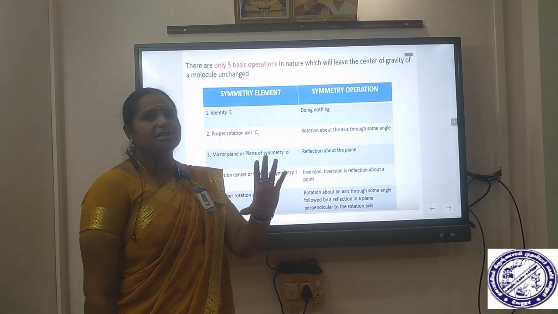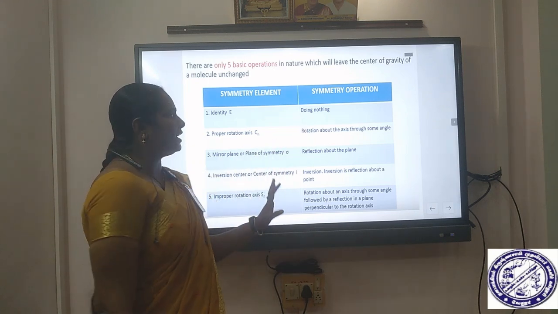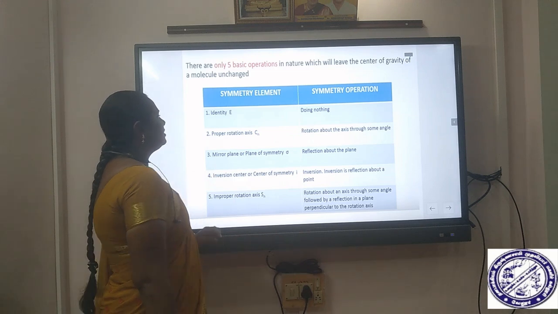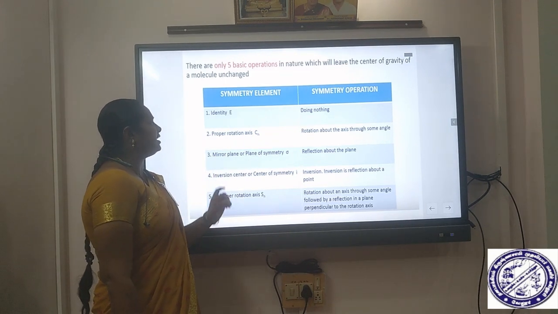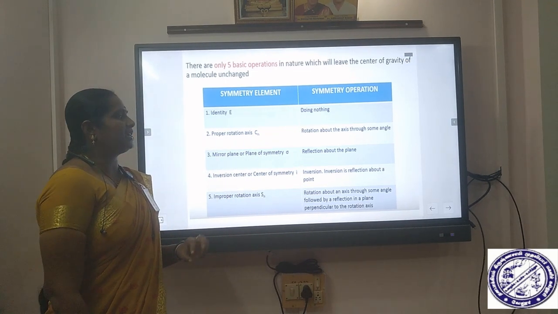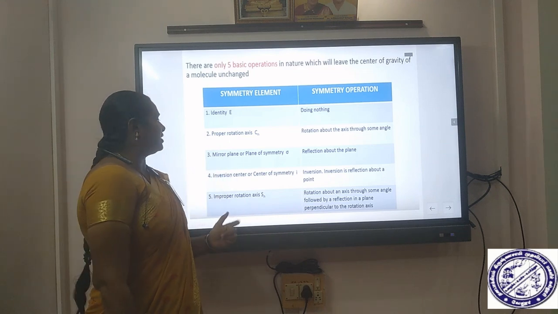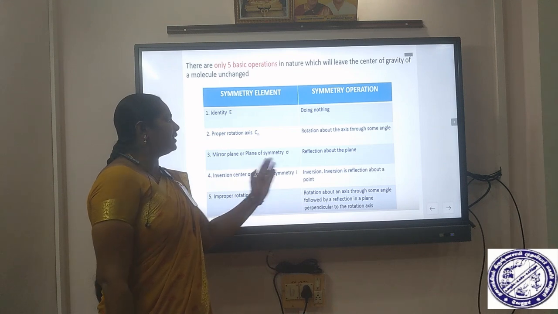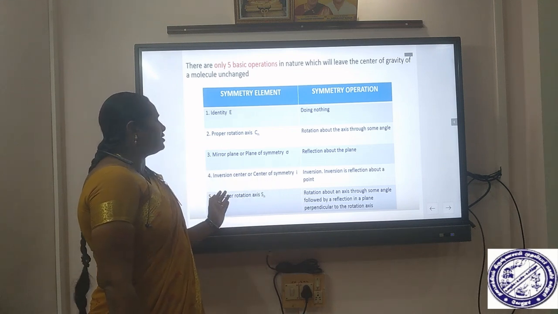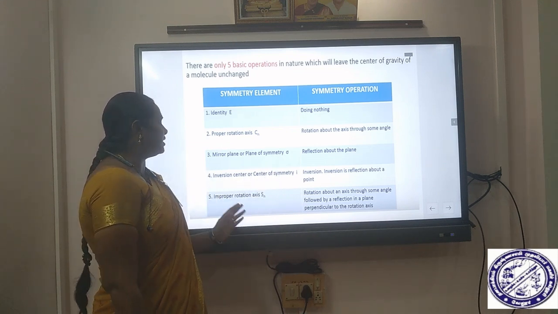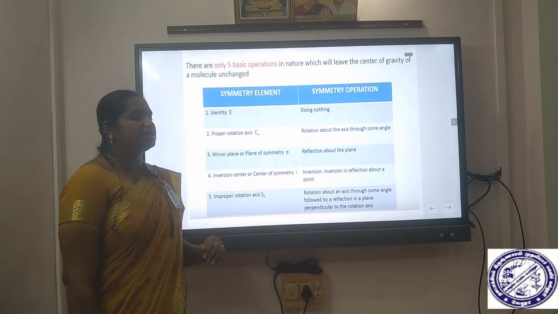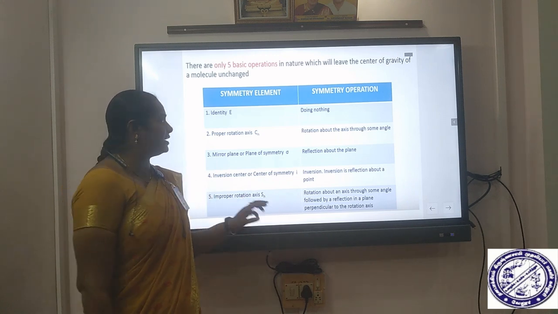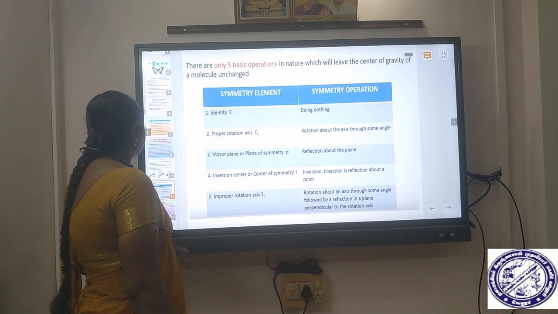We just view the molecule without doing anything, which is the symmetry operation for identity. For the proper axis, rotation is the operation. For the mirror plane or plane of symmetry, reflection is the operation. For the center of symmetry, inversion is the operation, and for the improper axis of symmetry, rotation followed by reflection is the operation.